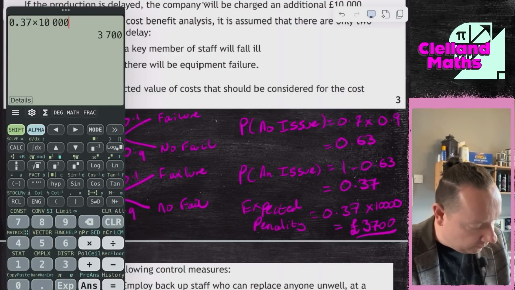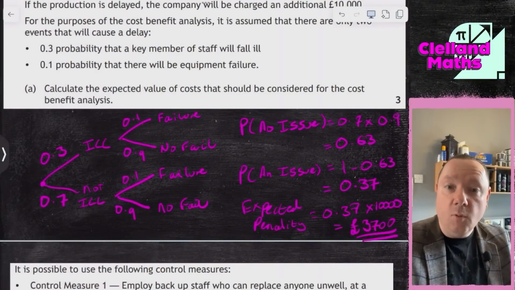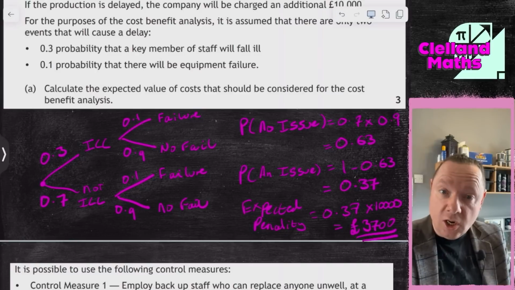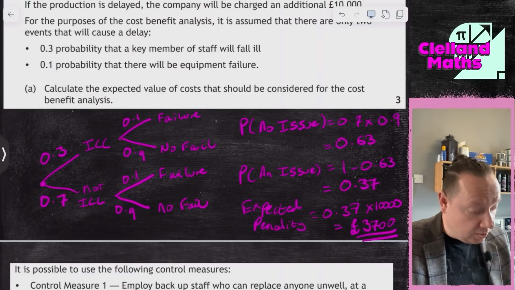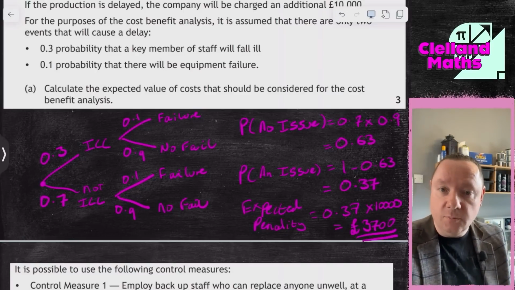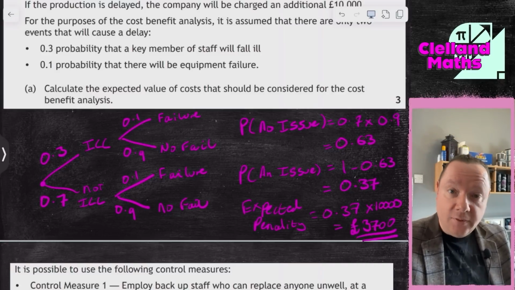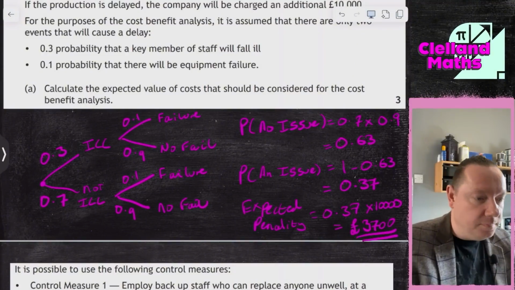So that's my cost-benefit analysis. I've worked out what happens if something bad happens. The chances are that I'll get charged in the long run £3,700. If I did it over and over again, 0.37 times, 37% of the time, something would happen.